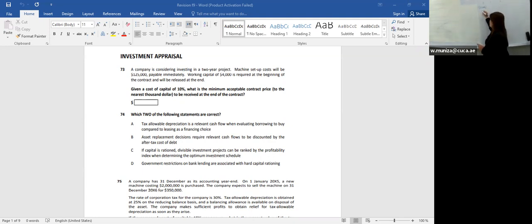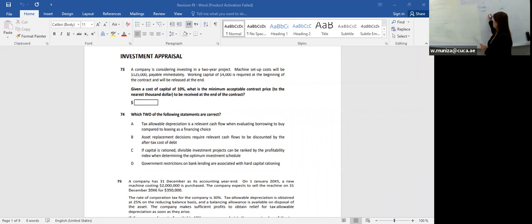You are going to write the 4,000 outflow immediately below the 125,000, because this is required at the start of the contract. When you are actually investing, at that time working capital is also injected. So negative outflow 4,000 you write below the 125,000, and there is no transaction as such in year 1. Then at year 2, this 4,000 is being returned to the organization.